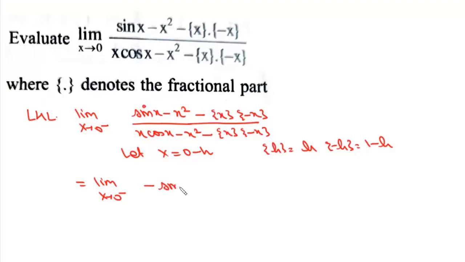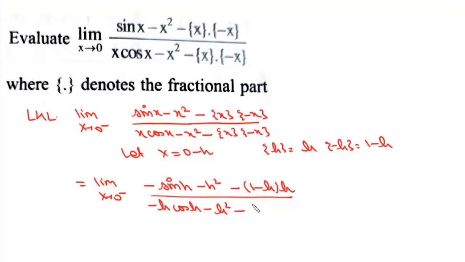Now this is minus sine h minus h square, and then minus, it is 1 minus h into h, and here will be this minus h cos h minus h square, and then minus 1 minus h into h, which is this limit x tends to 0 negative minus sine h.